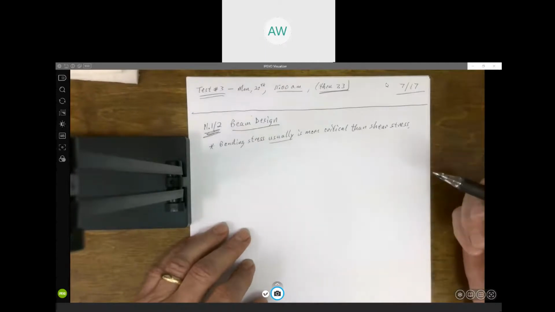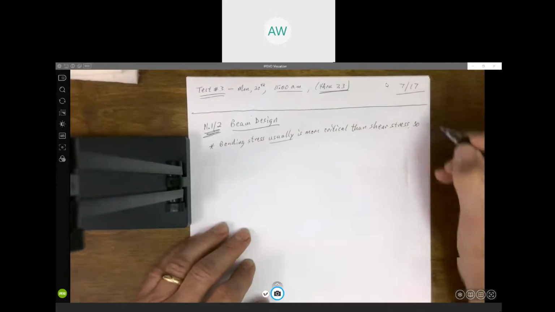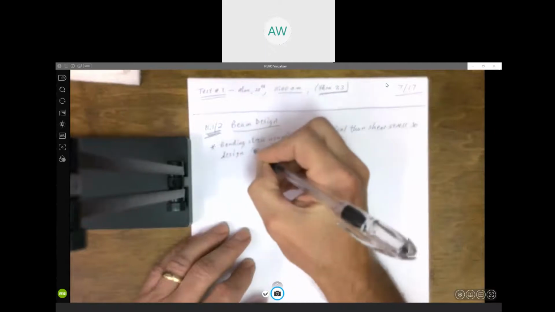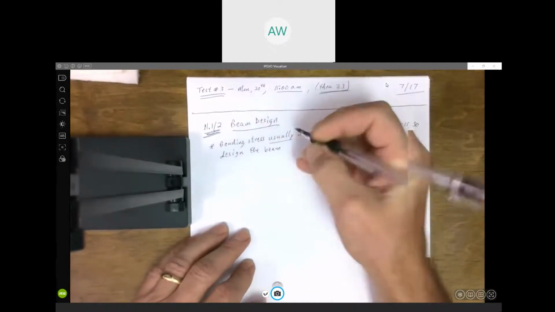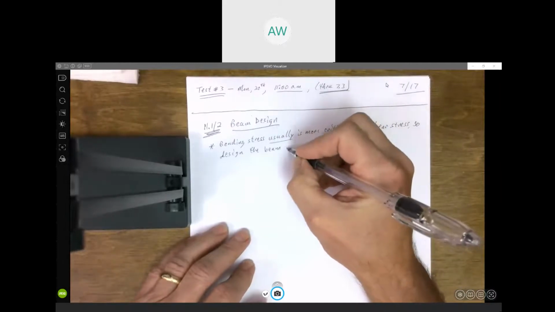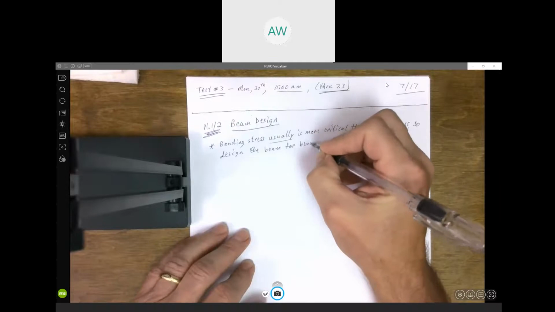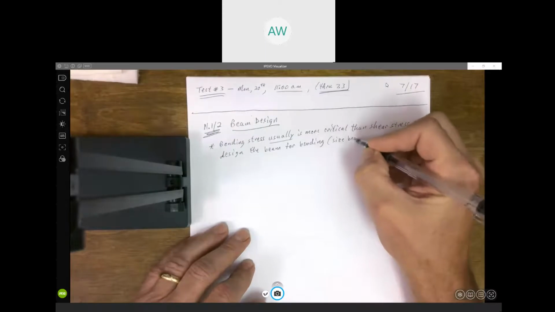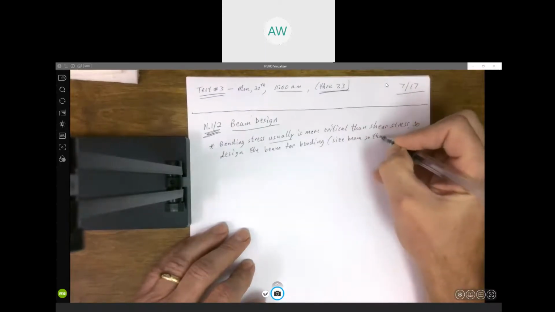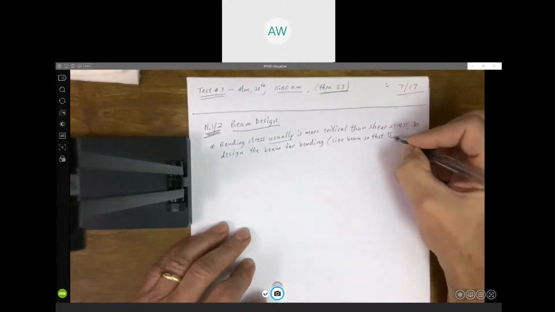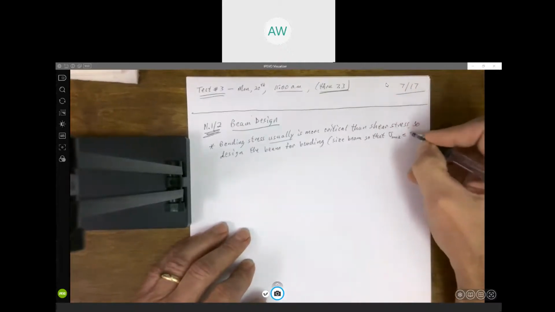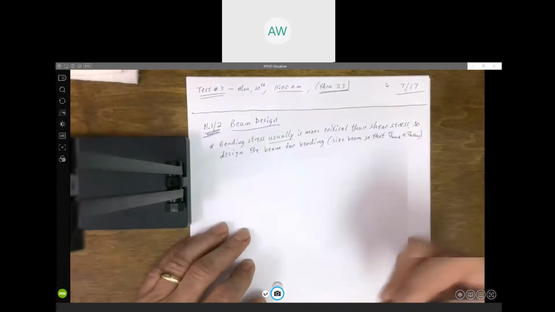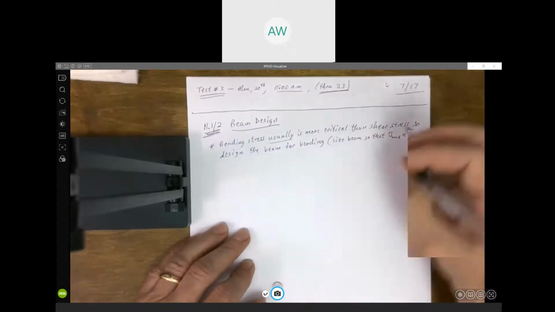So in the long run, you're better off designing the beam for bending. By that I mean we're going to size the beam so that our maximum bending stress is less than or equal to our allowable bending stress.